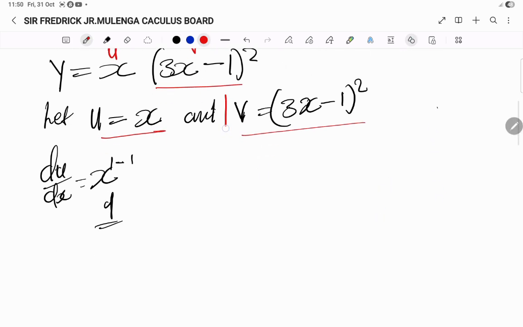Now I want you to pay attention to this function and look at it. It has a power outside here, if you check. So when you have a power, then the chain rule comes in.